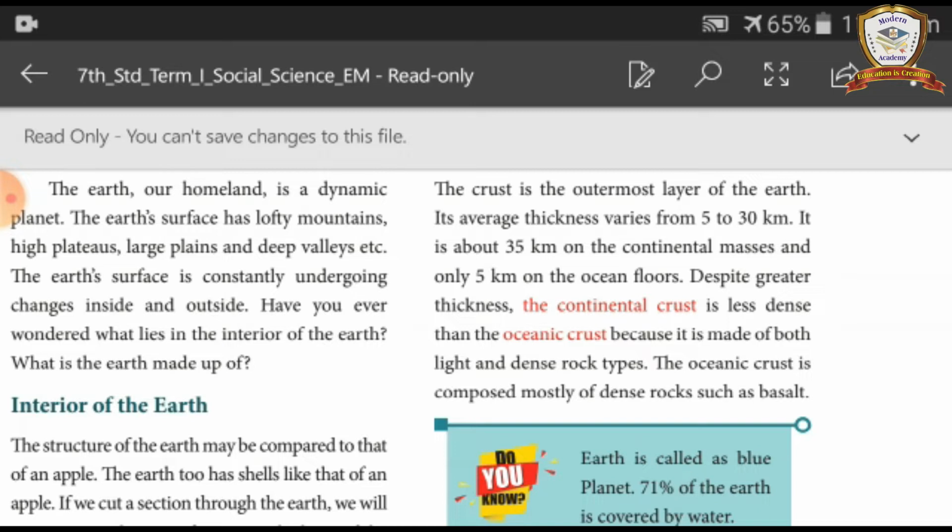Despite greater thickness, the continental crust is less dense than the oceanic crust because it is made of both light and dense rock types. The oceanic crust is composed mostly of dense rocks such as basalt.